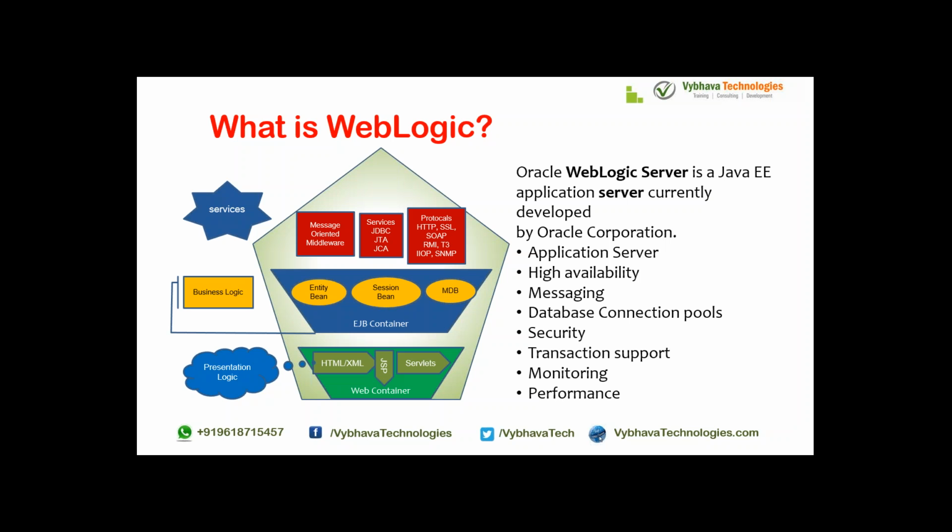For monitoring, we have a separate protocol called Simple Network Management Protocol, SNMP, which is also supported on your WebLogic server. And WebLogic provides top number one performance. That's why Oracle uses this for a number of platforms.